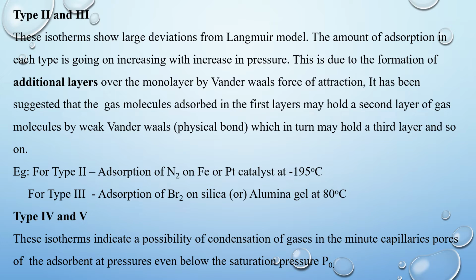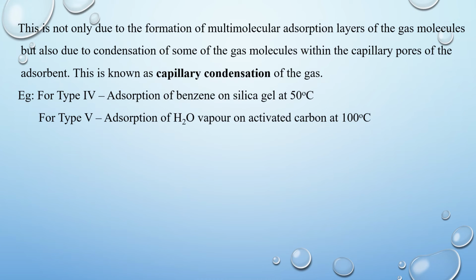The type 4 and type 5 isotherms indicate a possibility of condensation of gases in the minute capillary pores of the adsorbent at a pressure even below the saturation pressure. This is not only due to the formation of multi-molecular adsorption layers of the gas molecules, but also due to the condensation of some of the gas molecules within the capillary pores of the adsorbent.